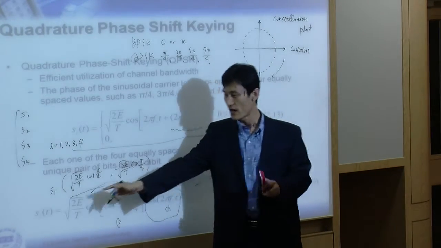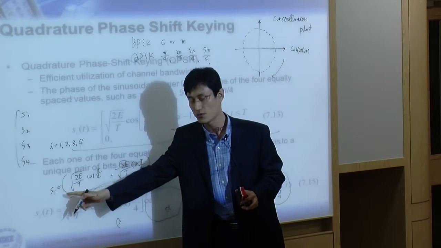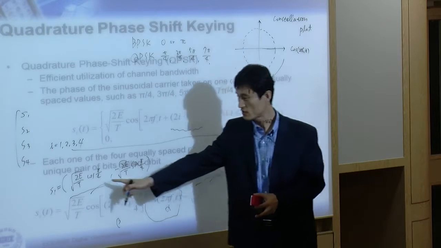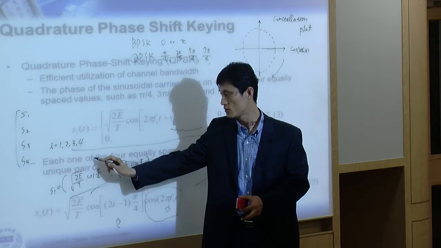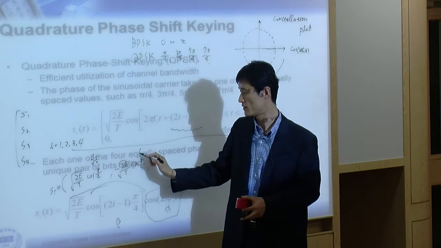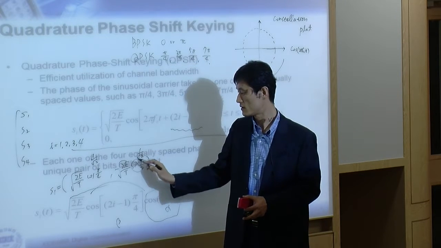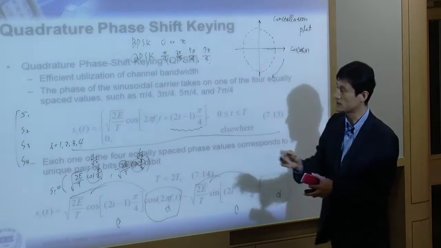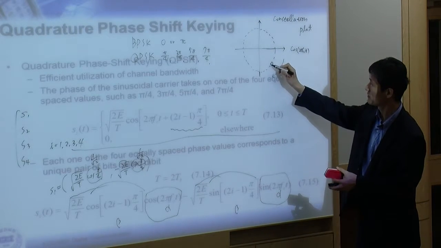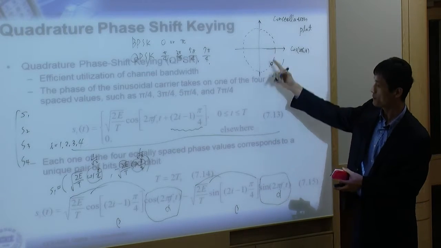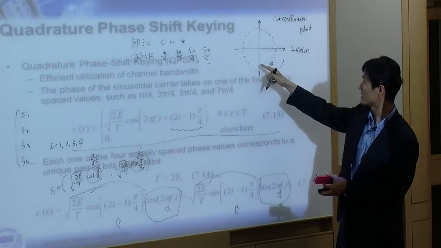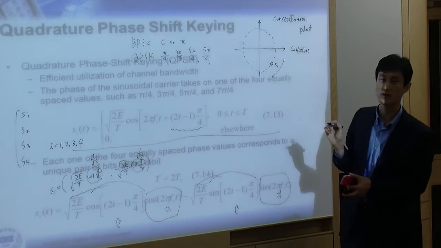So what is your S1? S1 equals to this and this. And you know this is 45 degree, right? 1 over root 2, because this is 45 degree. Right? So when you plot this, it ends up being here. Because that's a positive, negative. So positive in cosine, negative in sine. So we have S1 here.